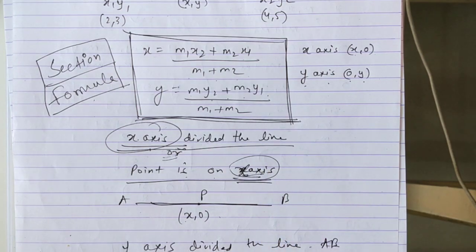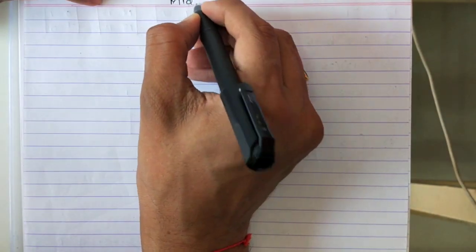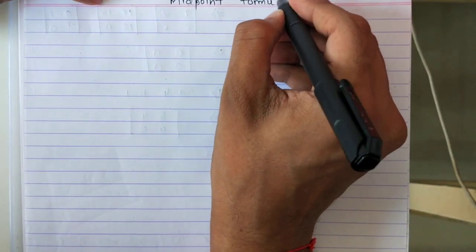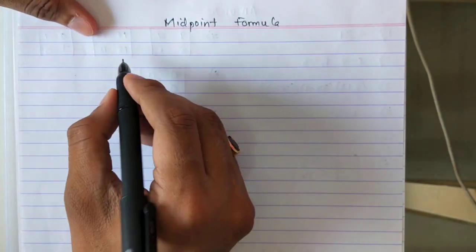Okay. Now the second exercise is about the midpoint formula. So this midpoint formula is comparatively easier. Midpoint, you know what is midpoint. So basically again there are 2 points.